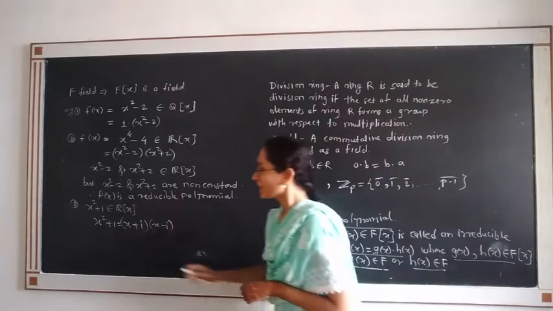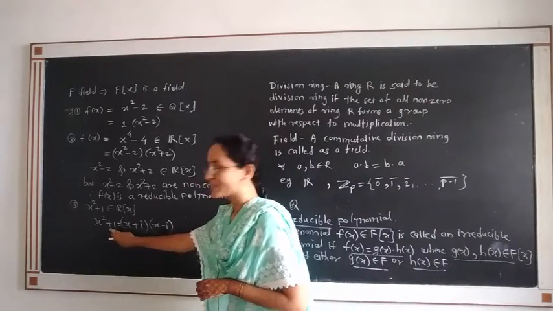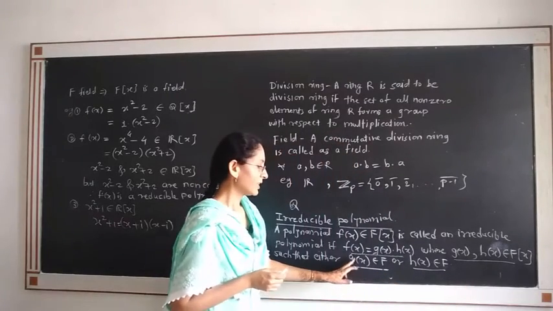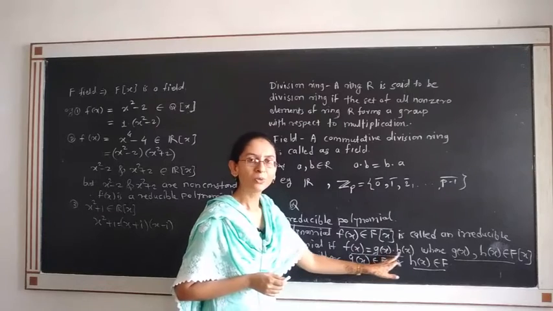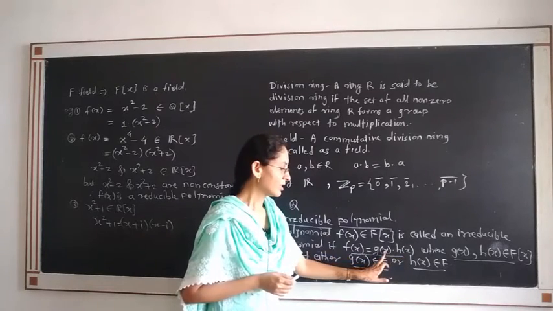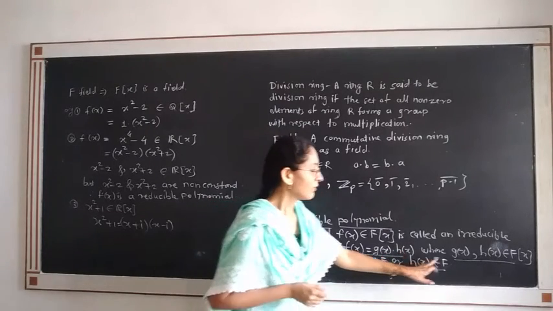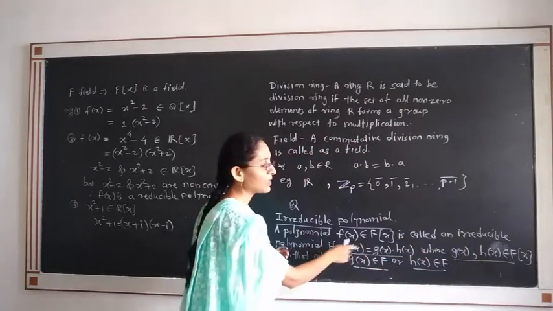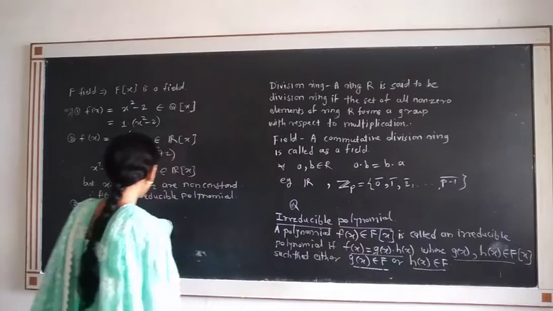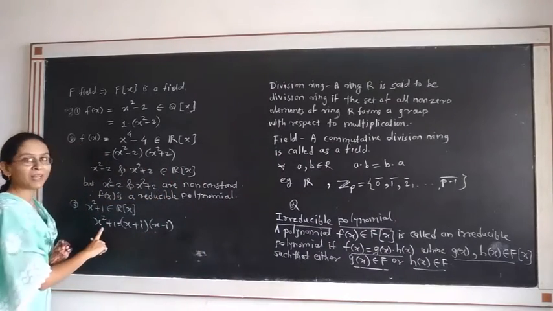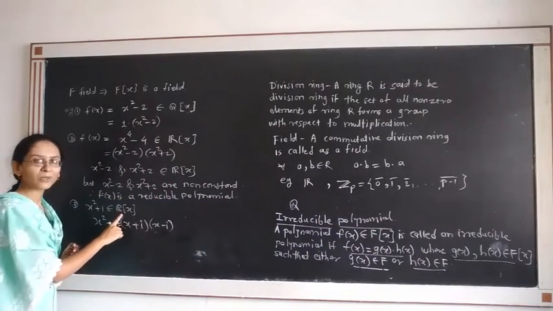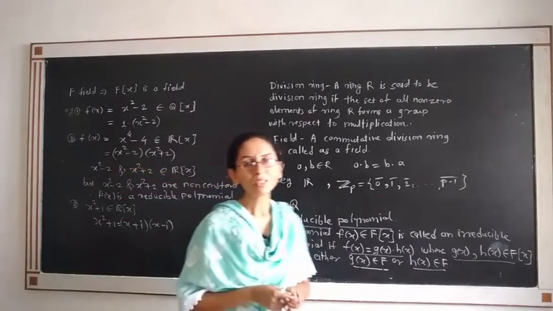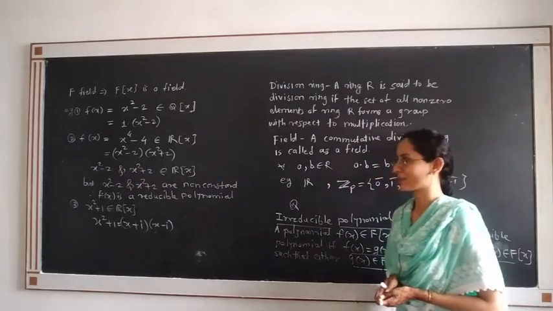Therefore, the polynomial is an irreducible polynomial. See again the definition. If f(x) is factored into two factors, g(x) and h(x), where both the factors belong to the same field where the polynomial f(x) is defined. Now these are the two factors for this polynomial, but these two factors do not belong to R[x]. Therefore, x square plus 1 is an irreducible polynomial over R[x].